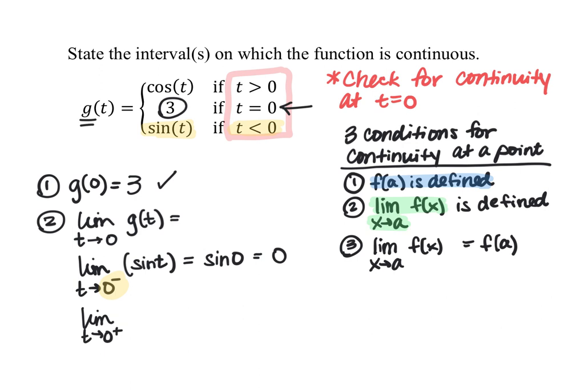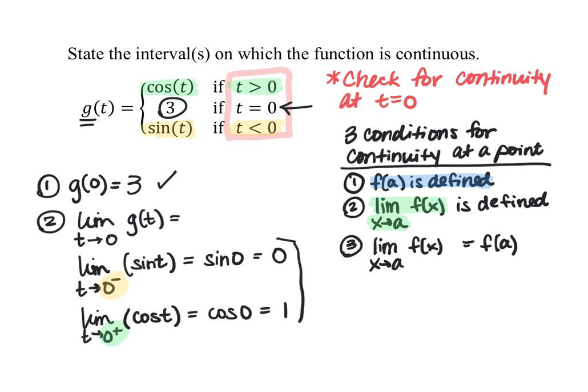Now, if we're interested in approaching 0 from the right, looking at values larger than 0, that means t is greater than 0, and that means we are on the cosine of t function. So this will be the limit of cosine of t as t approaches 0 from the right. Doing direct substitution gives us cosine of 0, and the cosine of 0 is 1.